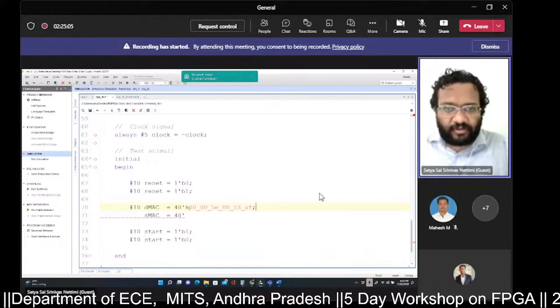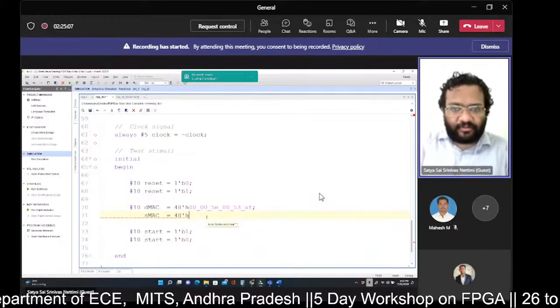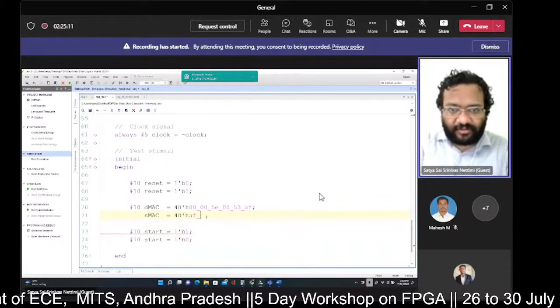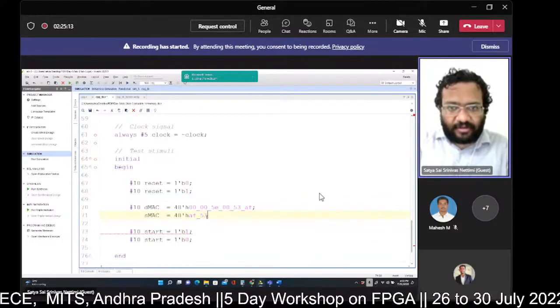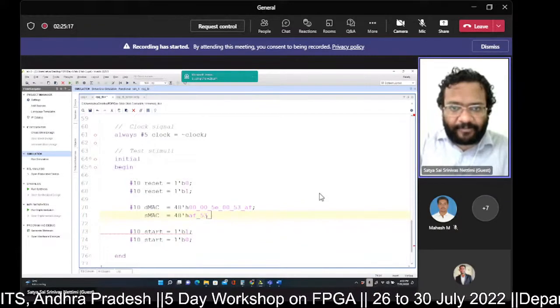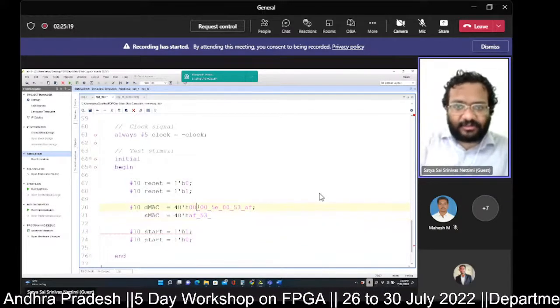Okay, this is one default MAC address, so I will interchange. So how many zeros?